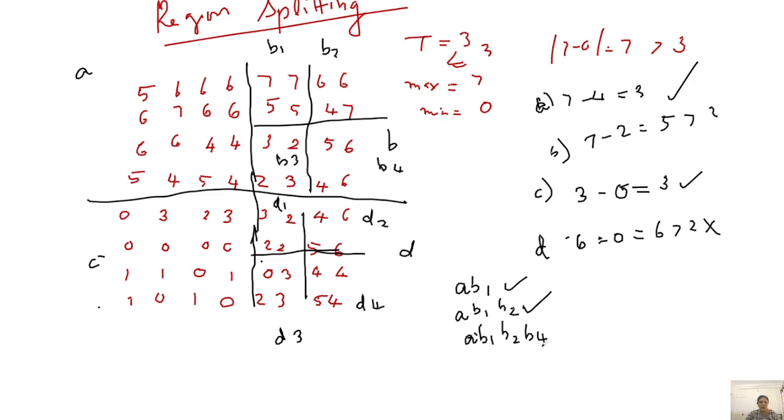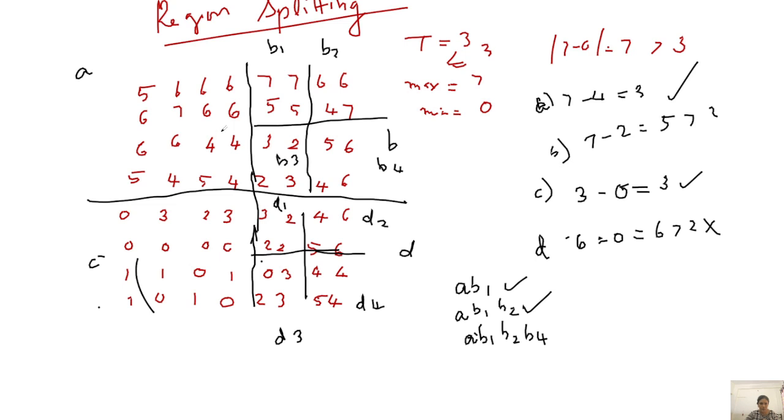Next, A, B1, B2, B4, B3. We'll check it. The maximum pixel is 7, the minimum pixel is 2. 7 minus 2 is 5, so it is not satisfying. We won't be able to merge B3.